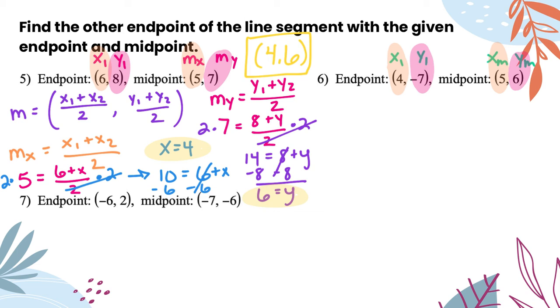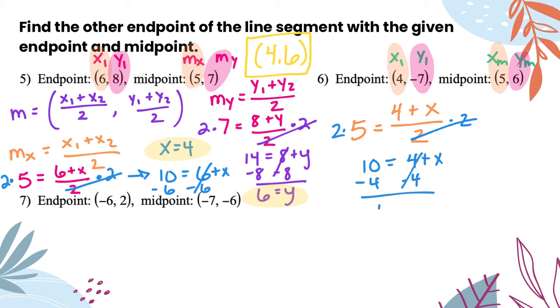So that's going to give me midpoint equals endpoint plus the missing endpoint divided by 2. Multiply by 2 on both sides. So 10 equals 4 plus x. Subtract 4, and 6 equals x.